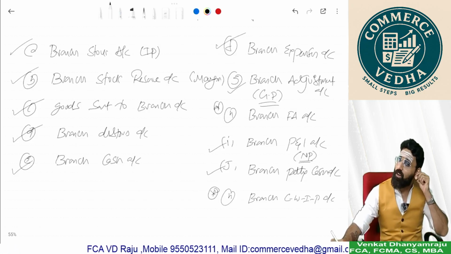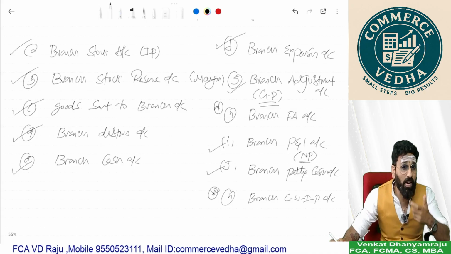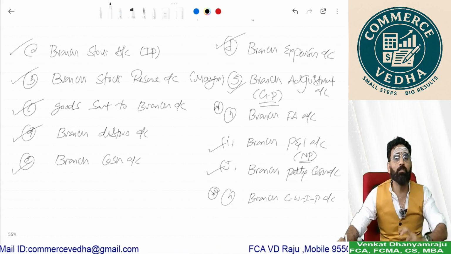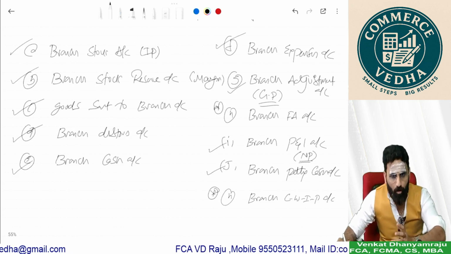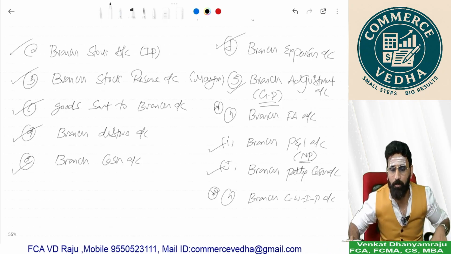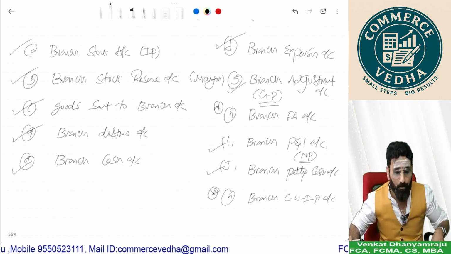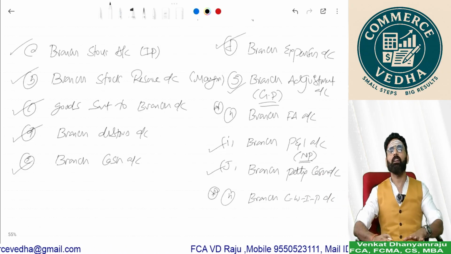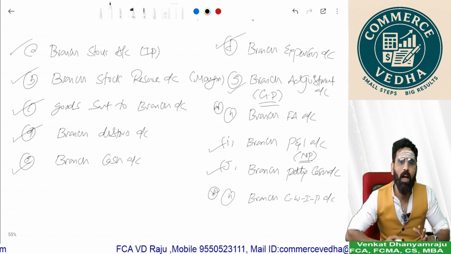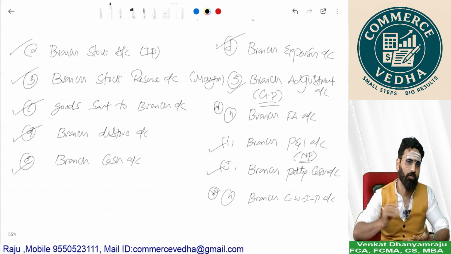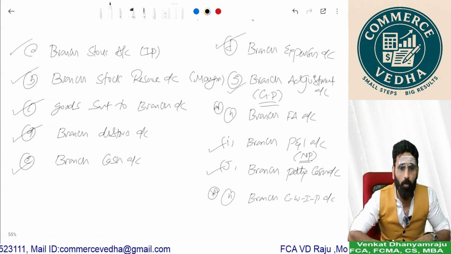So your P&L account gives you the net profit or net loss, and your adjustment account gives gross profit or gross loss. So these many detailed accounts we prepare in the books of head office for each and every branch, because the transactions are at a large volume. You can't wait till month end to record based on the statement received from the branch, which is not possible here.